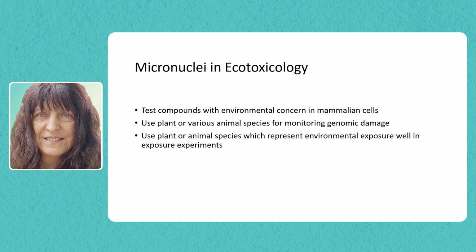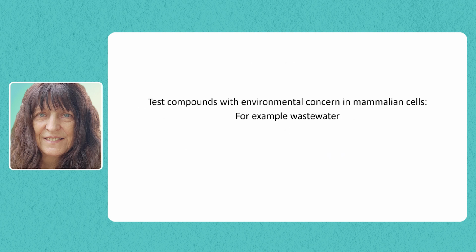Or you can use plants or animal species to monitor genomic damage in wildlife. Or you can use animals or plant species which represent an environmental exposure in exposure experiments. And I have just a couple of examples for each of these possibilities.